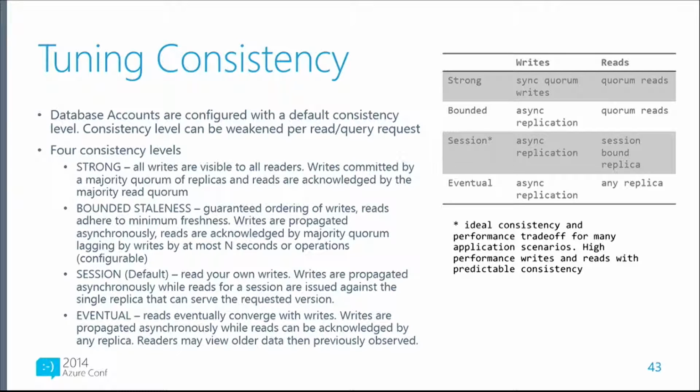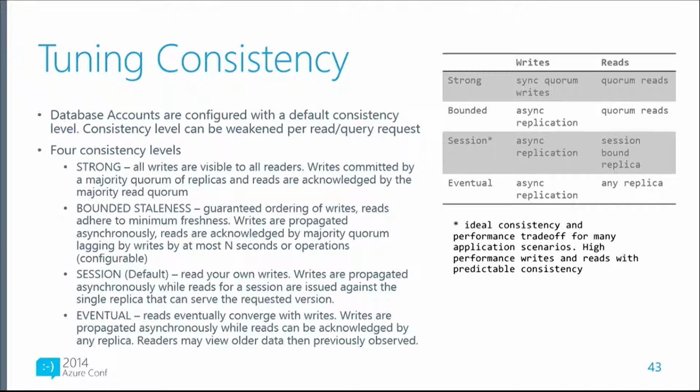And then we're going to read from as many replicas as we need until we get a quorum of answers back that are the same. So we've written to 2, now we go and read, and as soon as we get 2 values back that are the same, we know we've got the strongly consistent piece of data and we can return back to the client. So it's called quorum writes and quorum reads.